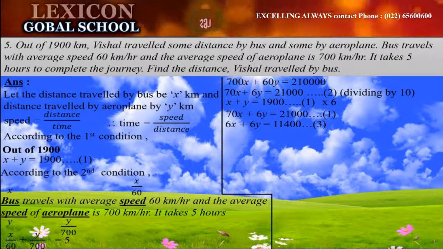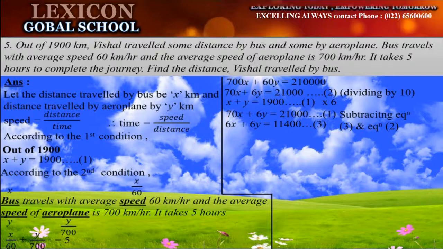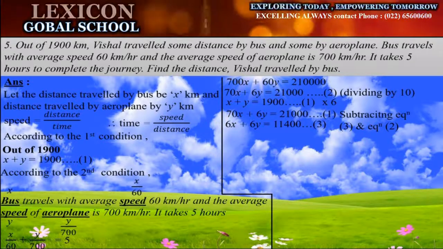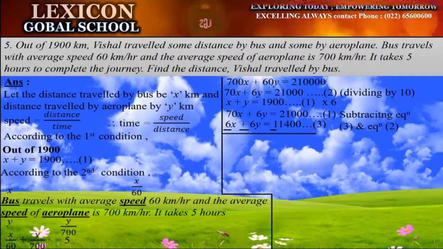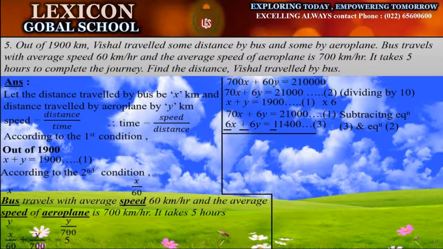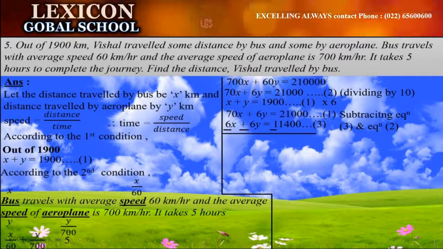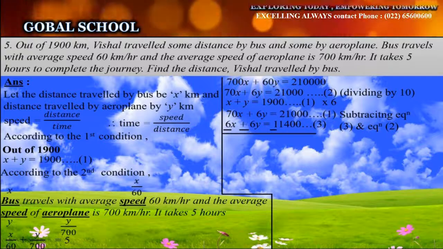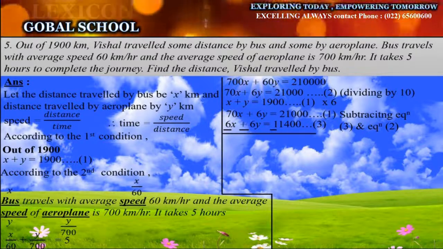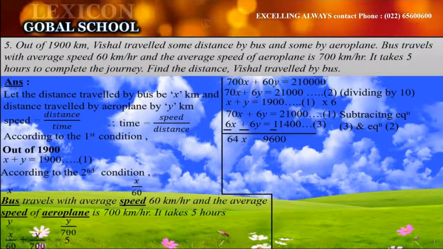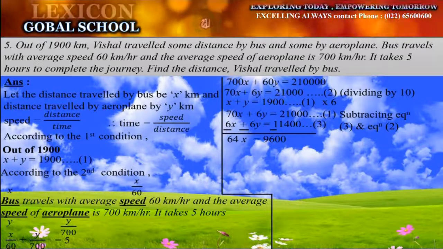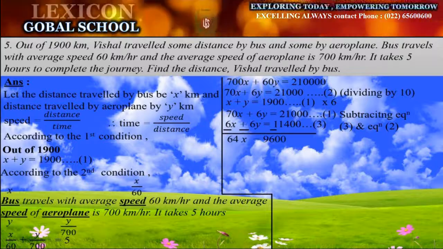Let us do subtraction of equation 1 and equation 3. When you subtract, equation 3 gets new signs. Therefore, minus 6y and minus 11,400. When you subtract 70 by 6, you get 64x is equal to, y gets cancelled, 21,000 minus 11,400 will give you 9,600.